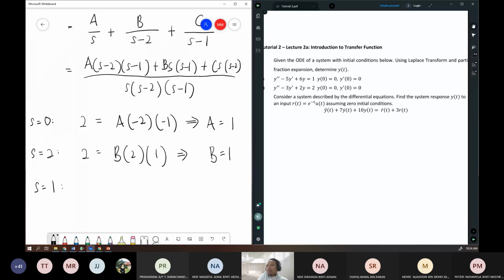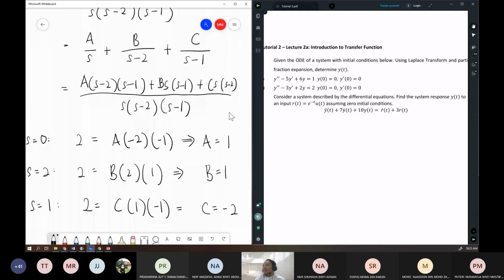So we get the value of C. So C equals minus 2. Okay, you can check later, maybe I calculated this wrongly.